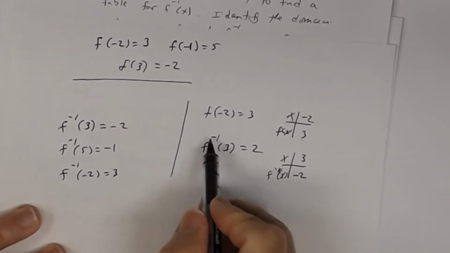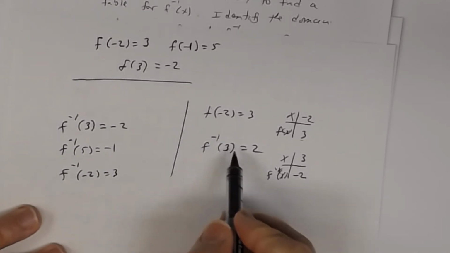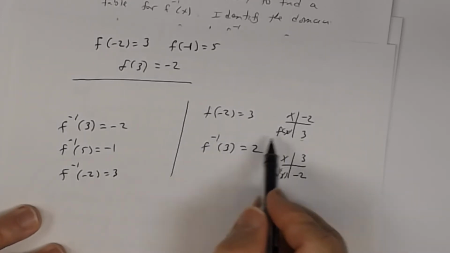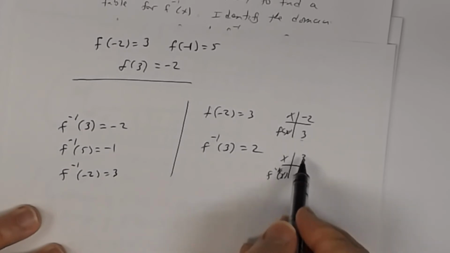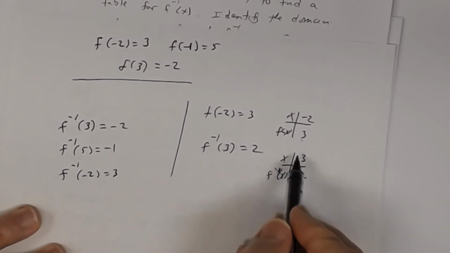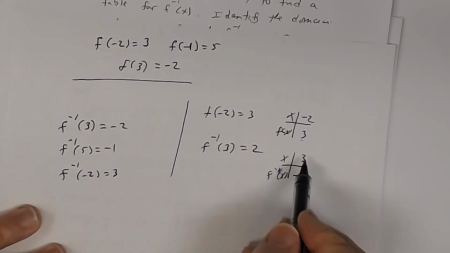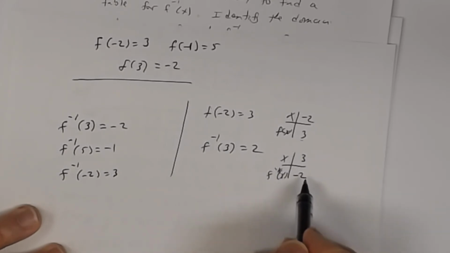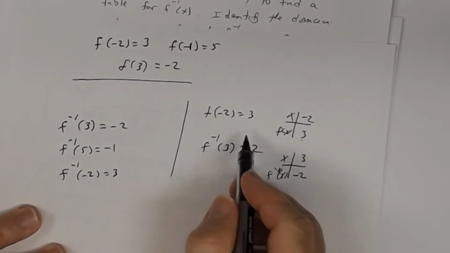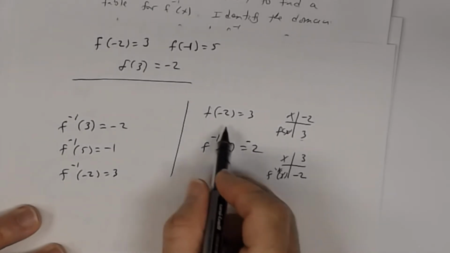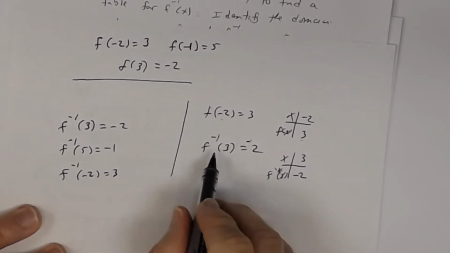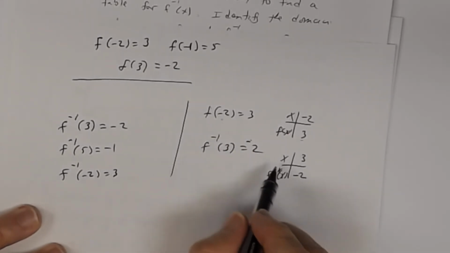So when you found this one, you're saying f inverse of 3, this 3 and this 3. So f inverse of 3 is negative 2. Okay, so f inverse of 3 is negative 2.